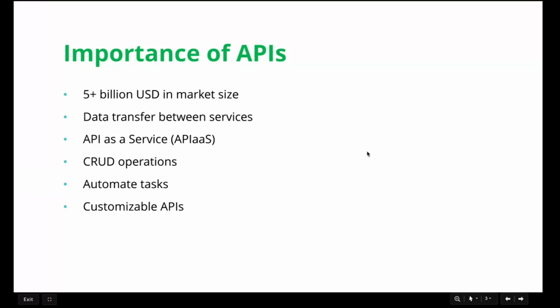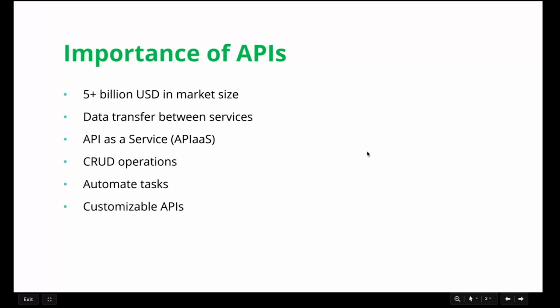These APIs are easy to manage for the businesses, and the companies running these APIs as a service charge for each API call and so on. In such a way, they are able to make a lot of money, and that is the number which I talked about at the initial part of this session or this slide.